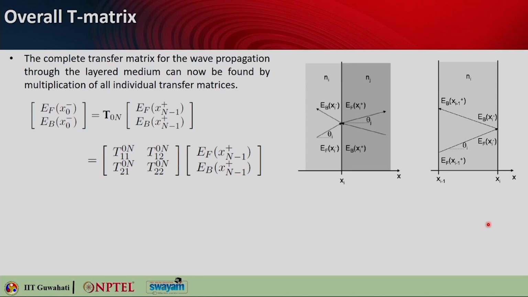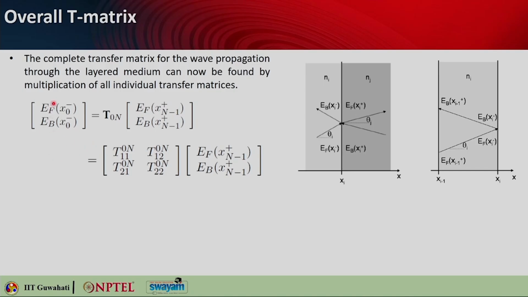We know what is the transfer matrix for one interface between two different materials, and we also know what is the transfer matrix for one particular layer. Okay, and then if you put them together, you have to multiply them, not add them up, and that will give you an overall transfer matrix.